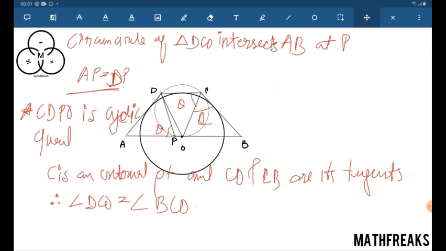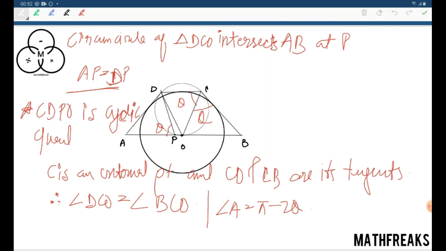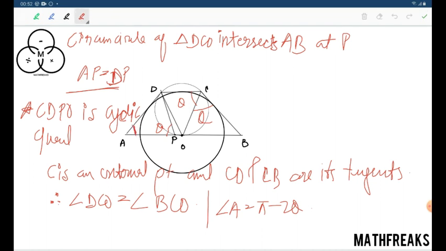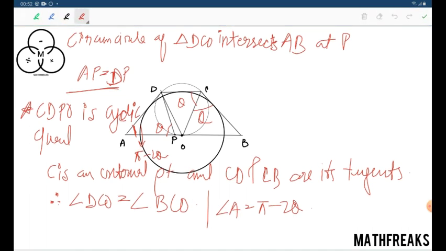Now ABCD is a cyclic quadrilateral given in the question, which implies that angle A equals pi minus 2 theta. Which is enough to find angle ADP.